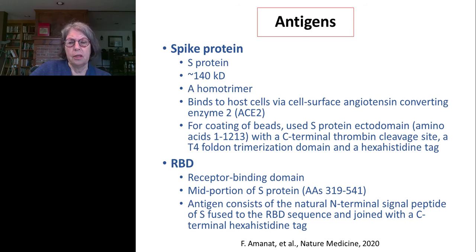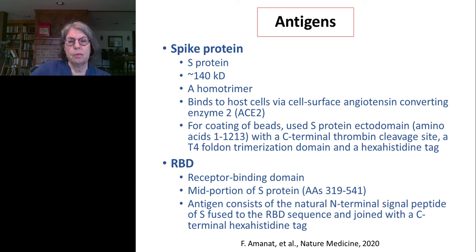So this is a region in the middle of the protein. And this antigen, as we're using it, consists of the natural N-terminal signal peptide of the S protein fused to the RBD sequence and then joined with the C-terminal hexahistidine tag. The histidine tags are used for purification of the proteins as they're expressed.